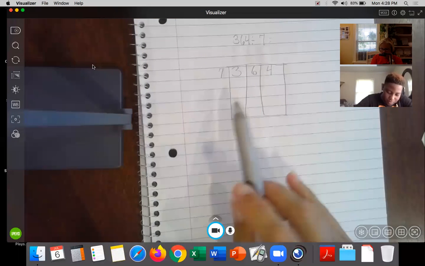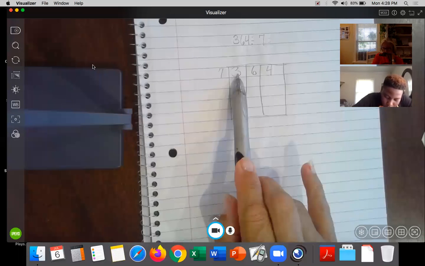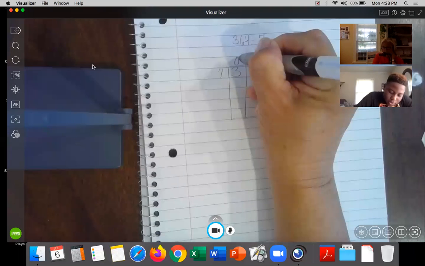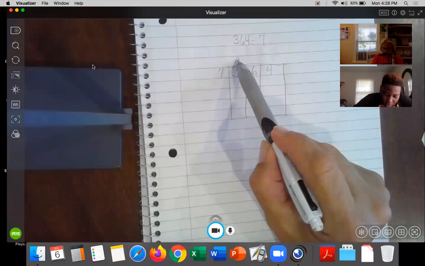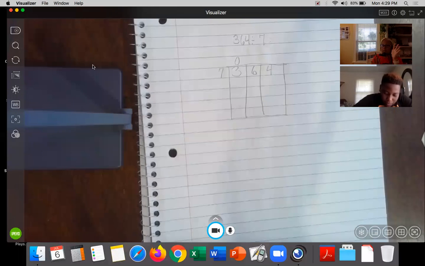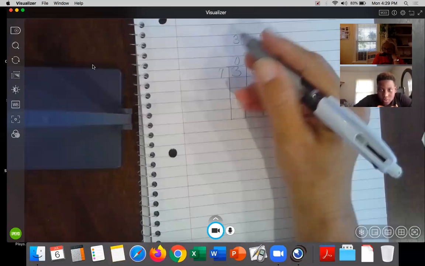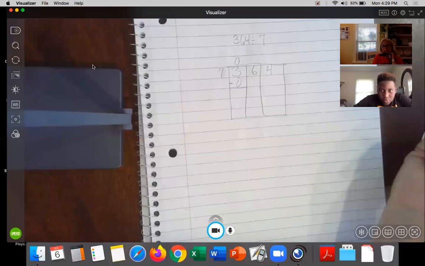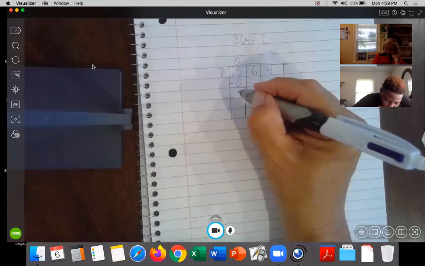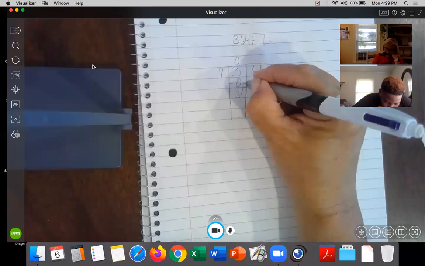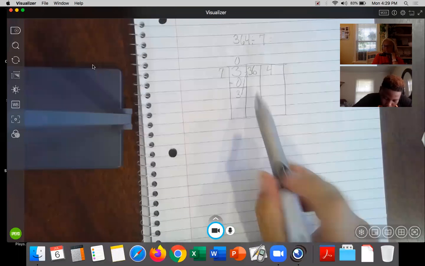So I'm going to look. Will 7 go into 3? No, it goes 0 times. I'm going to put a 0. Let's practice the steps, okay? So 0 times 7 is 0, then we'll subtract, and what do we get? 3. Now I'm going to bring that 3 up to the next column, and now I've got 36.